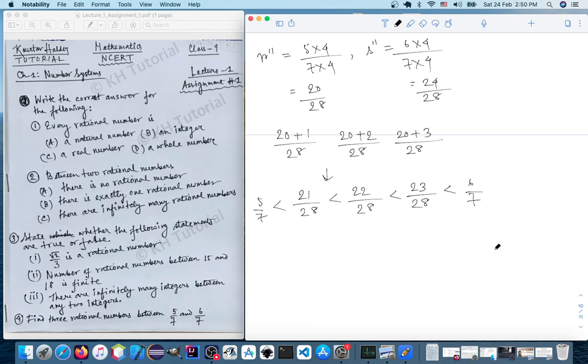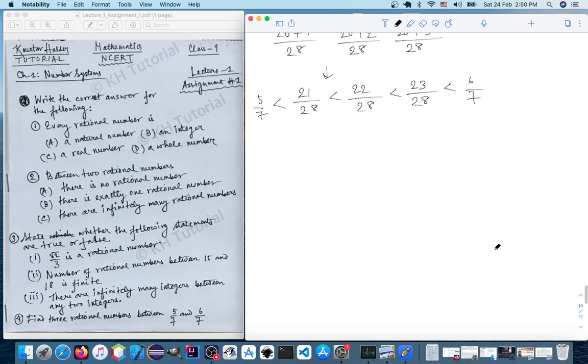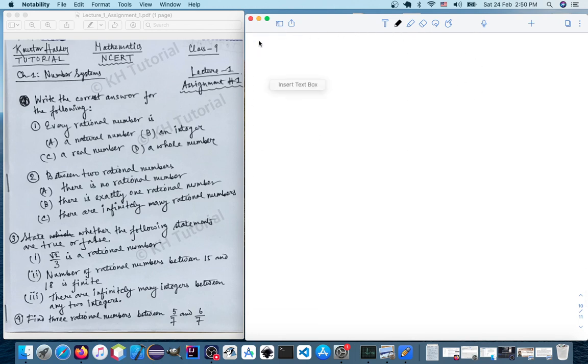So let's say you have been asked to find 10 rational numbers between, let's say, minus 2 by 11 and 3 by 4.